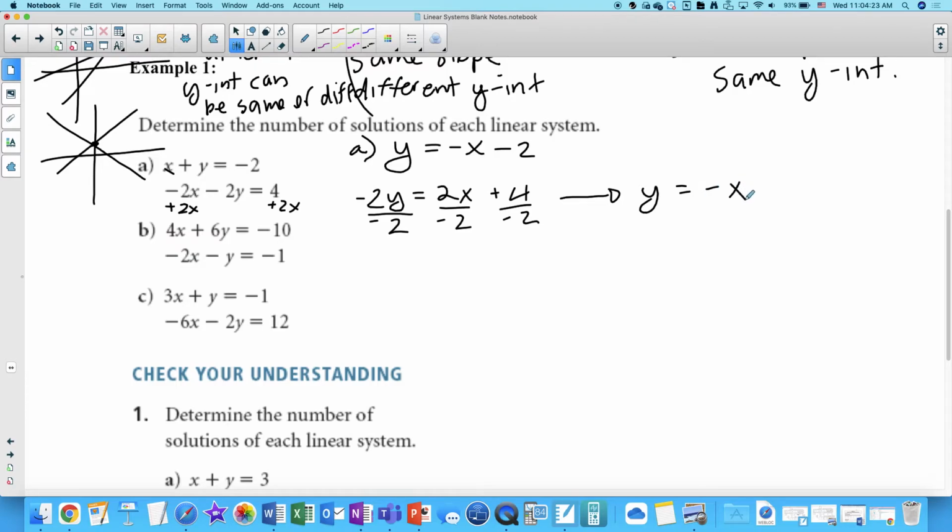And 4 over negative 2 is minus 2. Okay, so we're comparing this guy and this guy. What can we say about these lines? Yeah, they overlap. So if we're asked for the number of solutions, this would have infinite solutions.